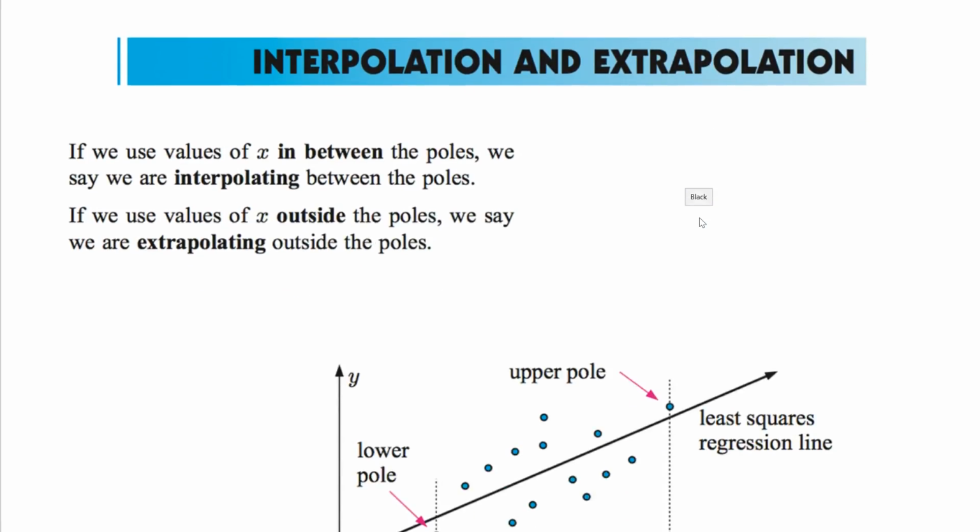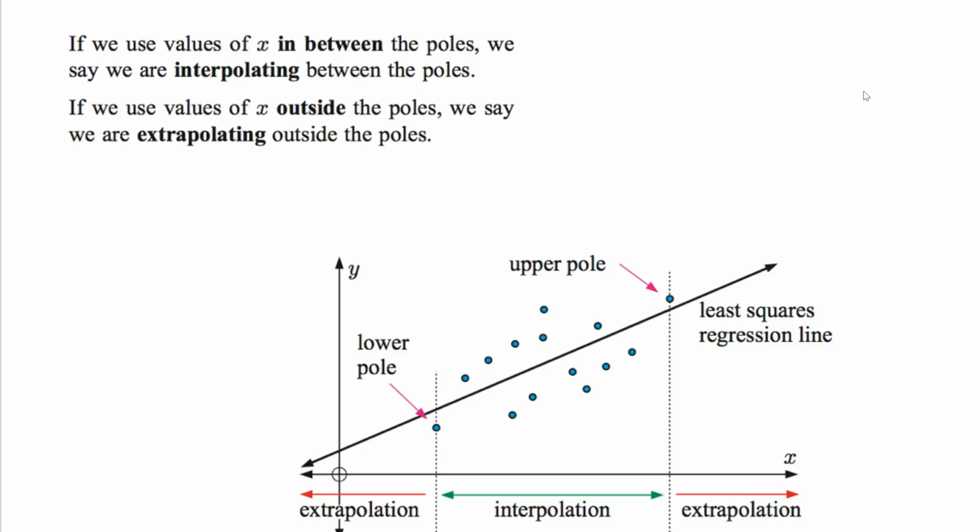Interpolation, extrapolation. This is all about how good of an estimation your data is when you find the equation. So this picture is all you really need. Anything that falls within your min value, which we have right here, and your max value is called interpolation, right?